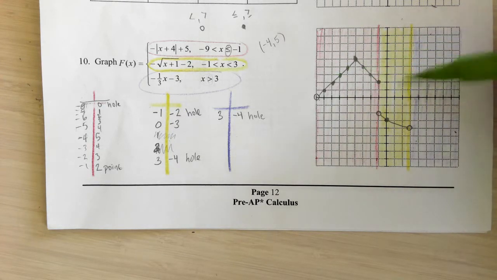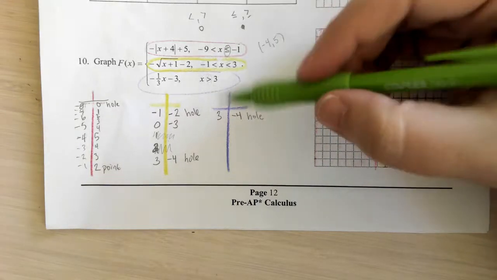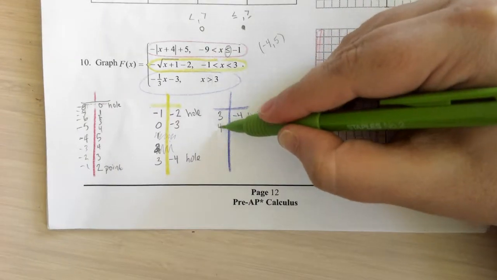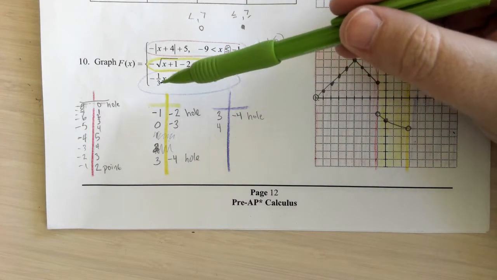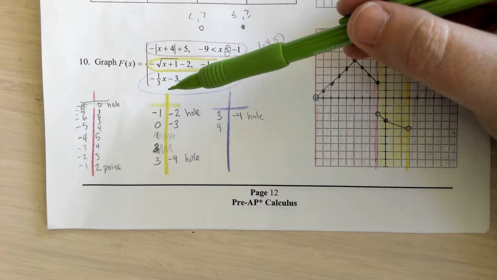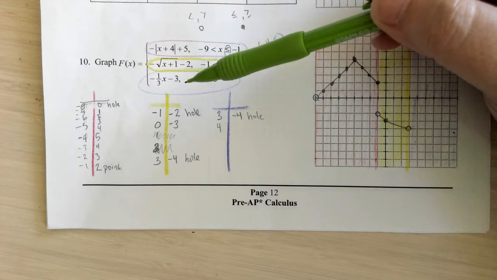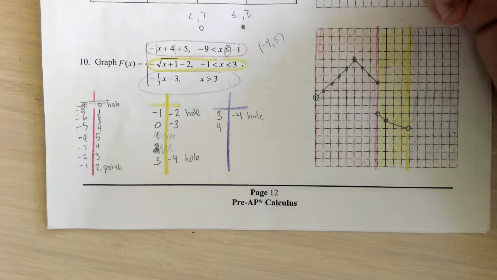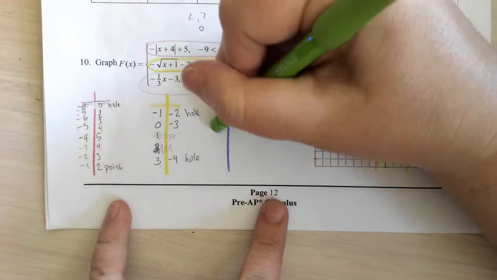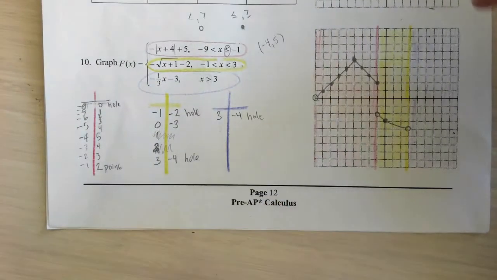Then when I keep going, I want numbers bigger than 3. And if you had a calculator, you can use 4, because you would plug in and you would get negative 1/3 times 4 would be a negative 4/3, and you can subtract a 3 from that. And we can do all that stuff and deal with fractions, but I'd rather not deal with fractions because I'm not giving calculators to my classes. So I want you to think of multiples of 3.